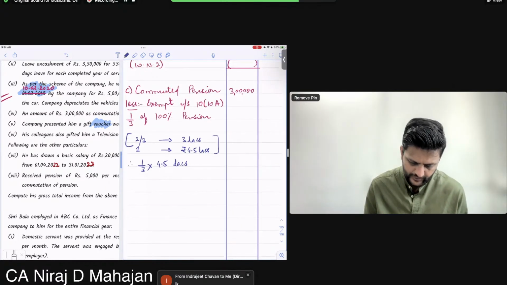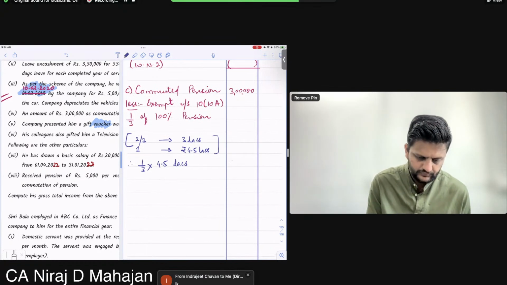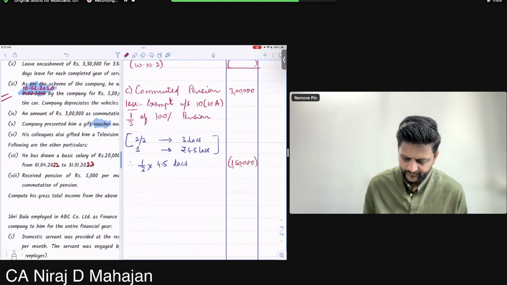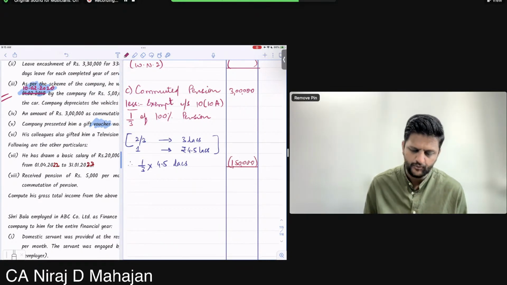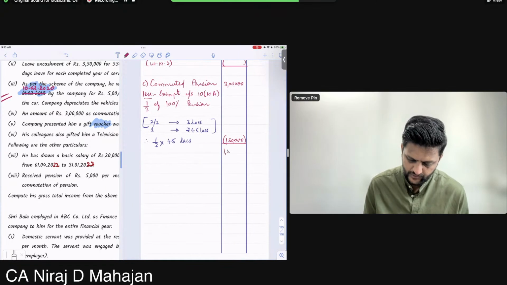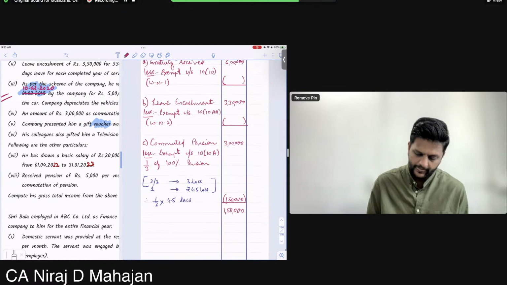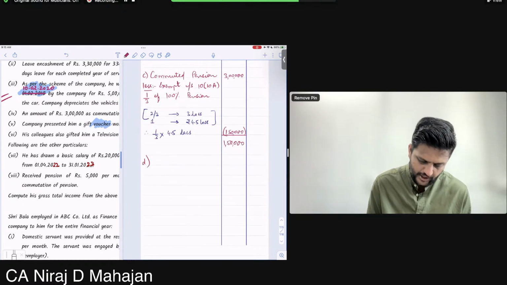It will be exempt, okay? So your taxable commuted pension is 1,50,000. Fine till here. D. Uncommuted pension. Taxable always, na? Uncommuted is, बच्चों, fully taxable.